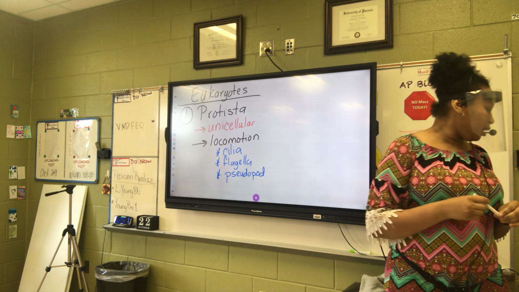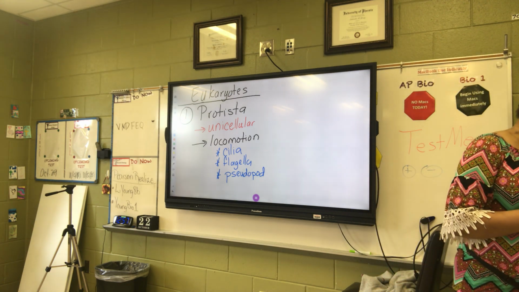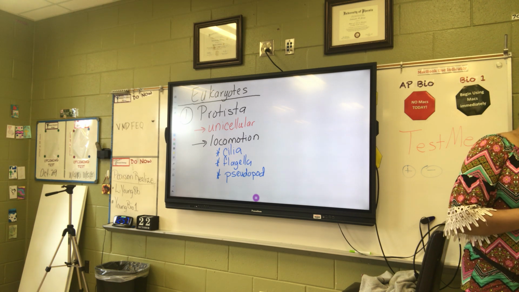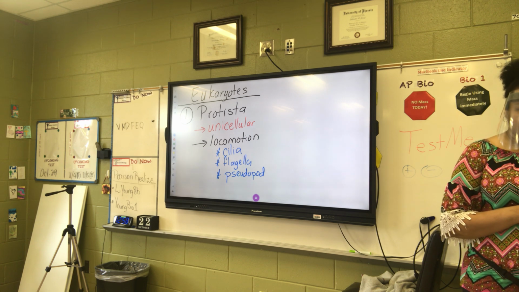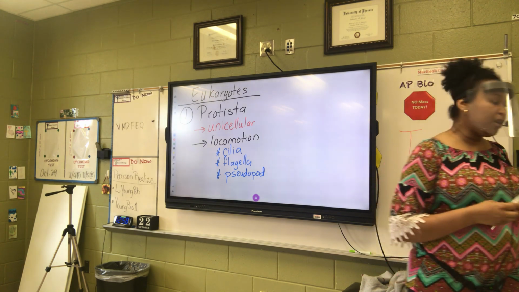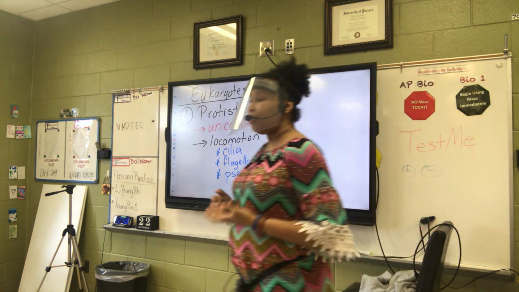All right. The next kingdom. Well, look on that page. Look on page 107. And I want to draw your attention to paramecium, euglena, and amoebas. Okay. These are single cell organisms. These are protists. So if you see a picture of one of these, you should know that these are eukaryotes.